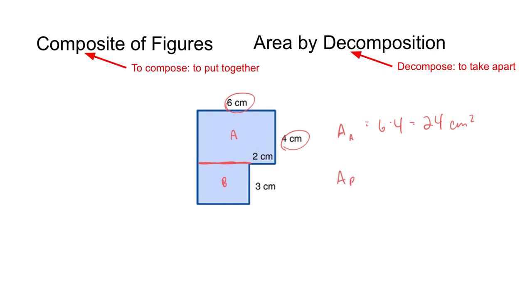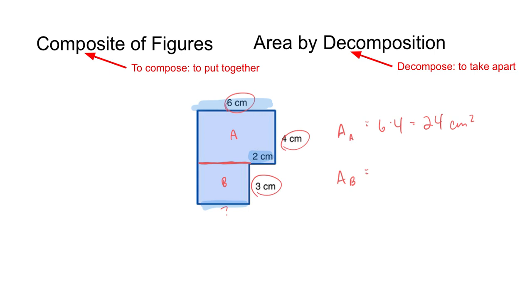For the area of rectangle B, we need to do a little bit of thinking. I can clearly see that the height is 3, but what is this base? I have to bring together a little bit of understanding of the bigger picture, where I see this 2 in conjunction with this 6 tells me implicitly what that length needs to be.